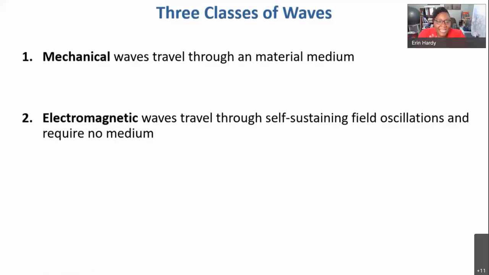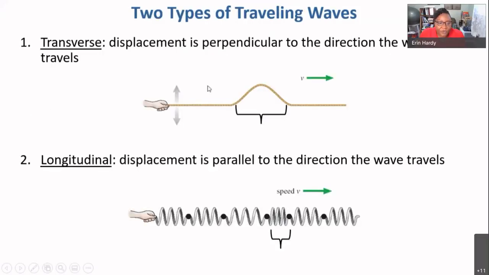They're self-sustaining in that they don't require, if we think back to the example with the person holding on to a string like this, if this person just moves their hand up and down once, they're going to make one pulse like this and that's it. So in order to generate a consistent wave, they would have to consistently move their hand up and down.